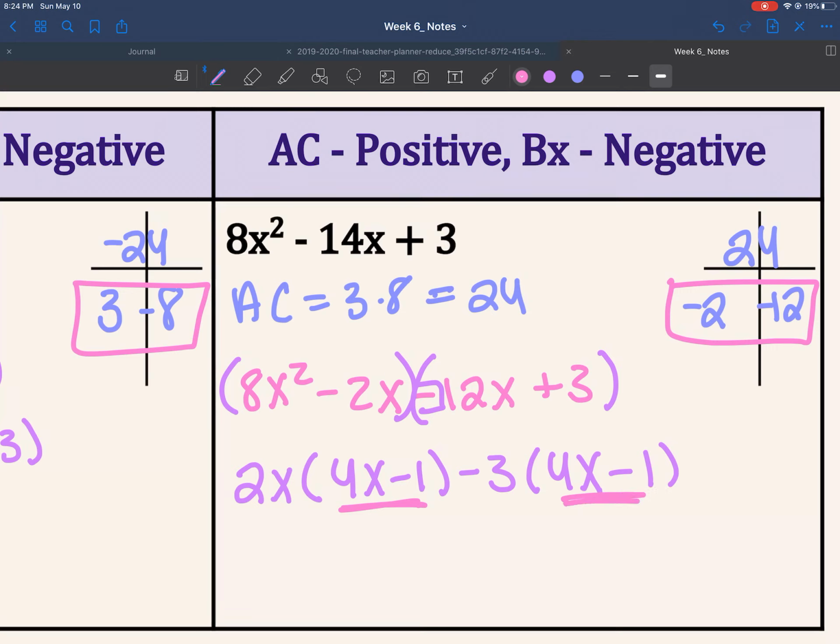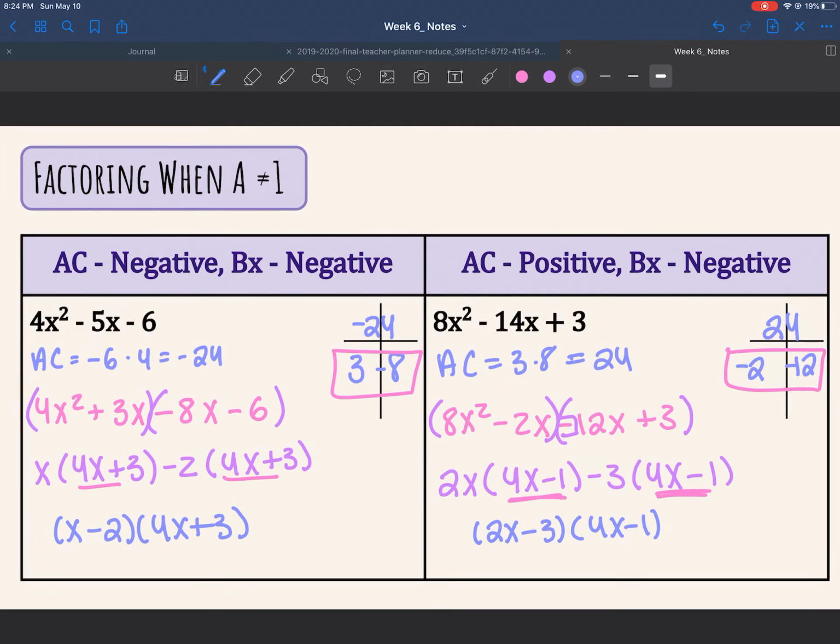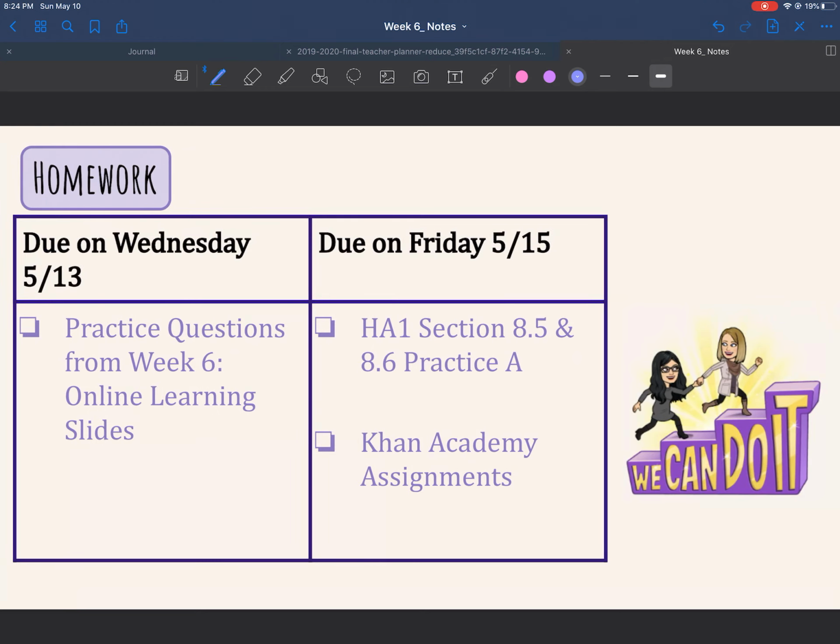So notice again, middle terms are the same. If you forget to pull out the negative, you'll notice that your terms inside the parentheses are not the same, and you'll have to pull out something else. Then finally, the factored form is 2x minus 3 times 4x minus 1. And that is it for this.